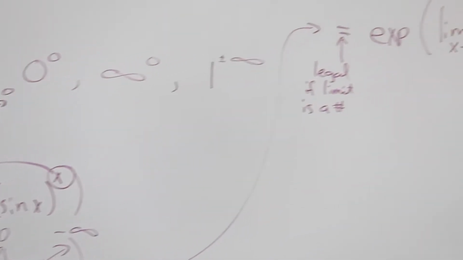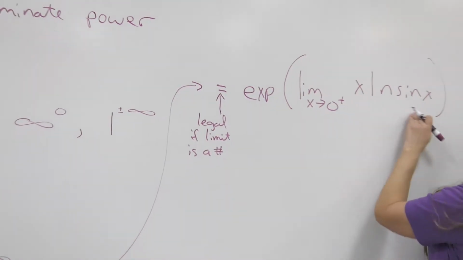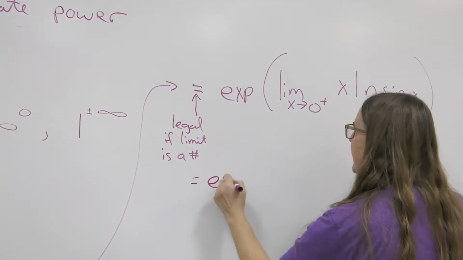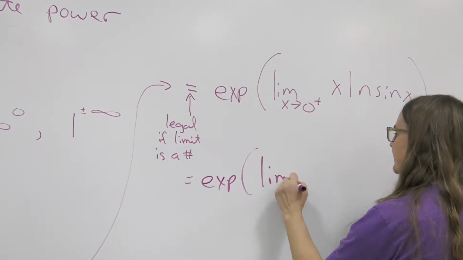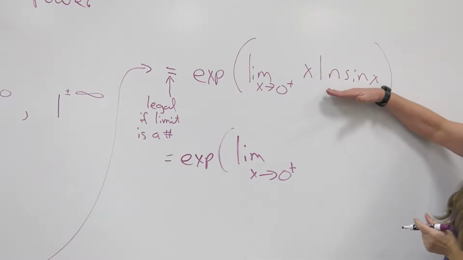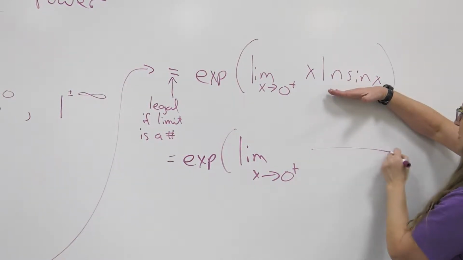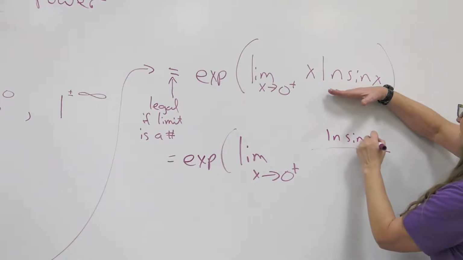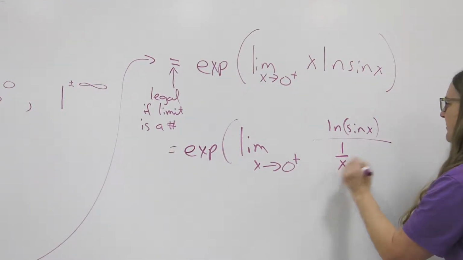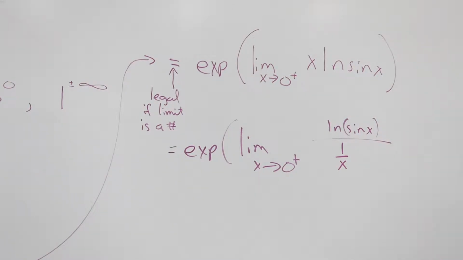All right, so now I'm going to convert this indeterminate product to an indeterminate quotient. So I'm going to say this is exp of the limit as x goes to 0 from the positive side. The natural log of sine x is the more complicated factor, so I'm going to keep that on top. And then, rather than multiplying by x, I'll divide by its reciprocal, 1 over x.